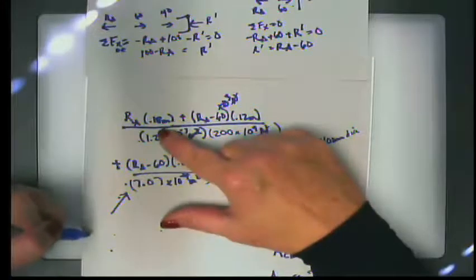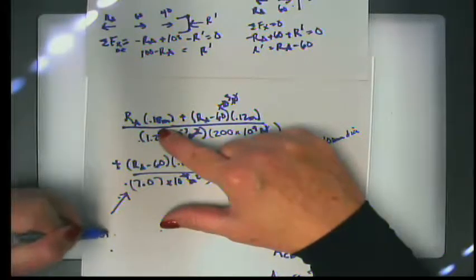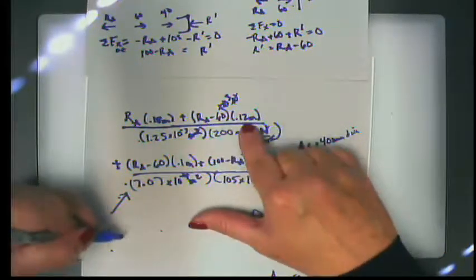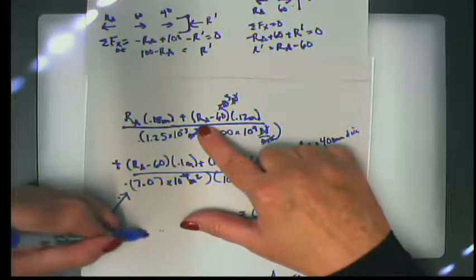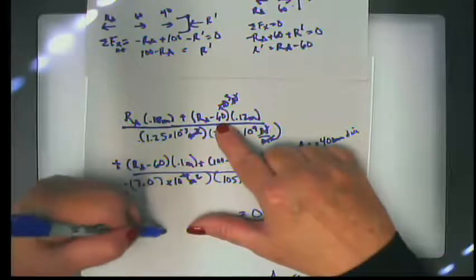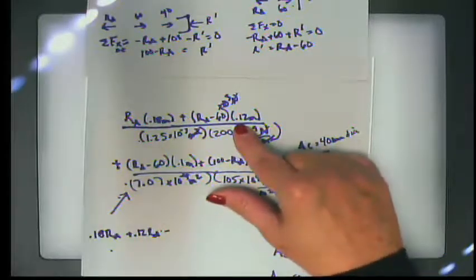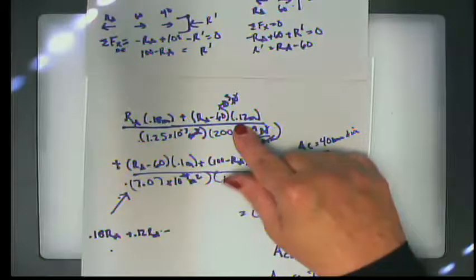So for my first two terms, I get 0.18 R sub A, and then when I multiply, this is going to be plus 0.12 R sub A minus 60 times 0.12, which is 7.2.